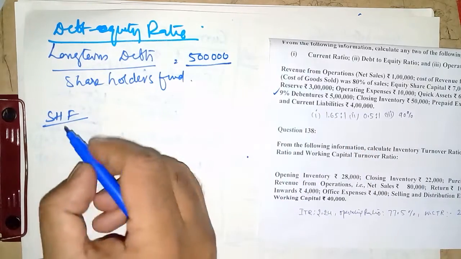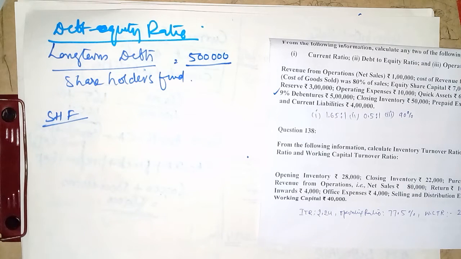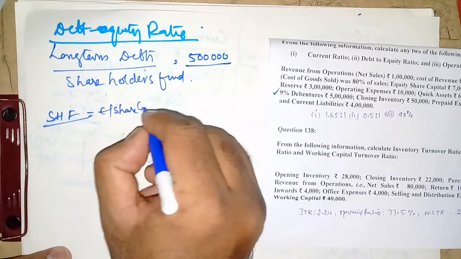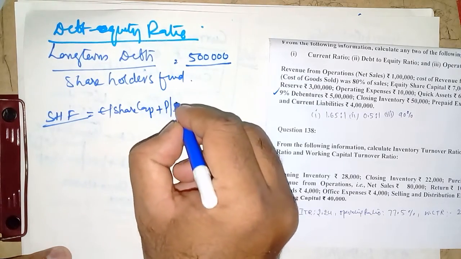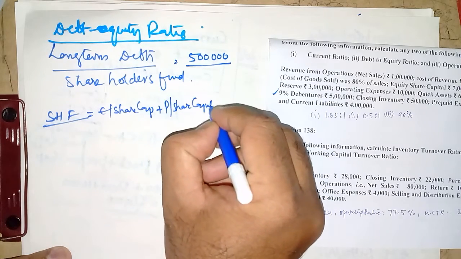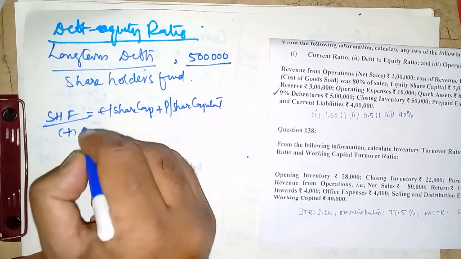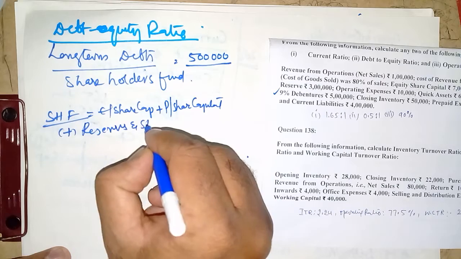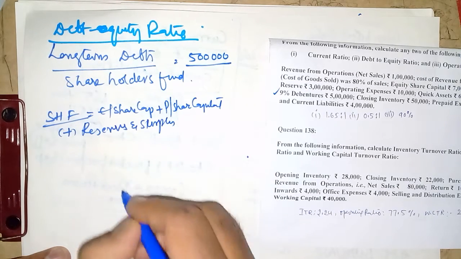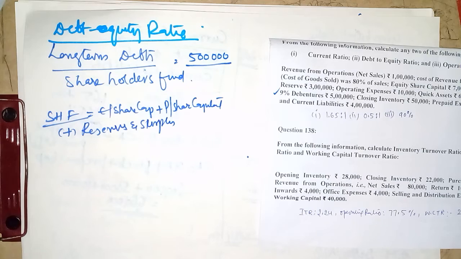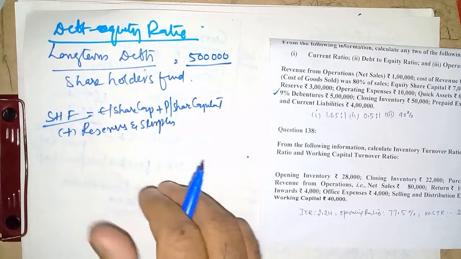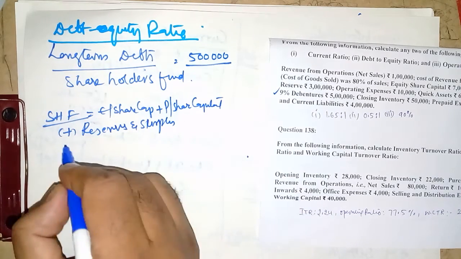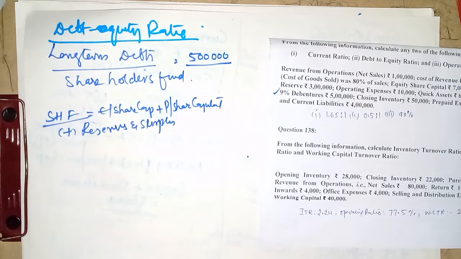Shareholders fund comprises of equity share capital plus preference share capital plus reserves and surplus, or general reserve, P&L account credit balance, right? All those come under this category of shareholders fund, right? So shareholders fund is equity share capital, preference capital plus reserves and surplus.